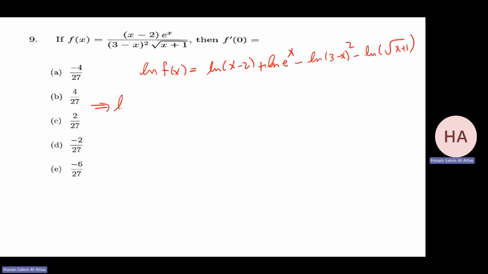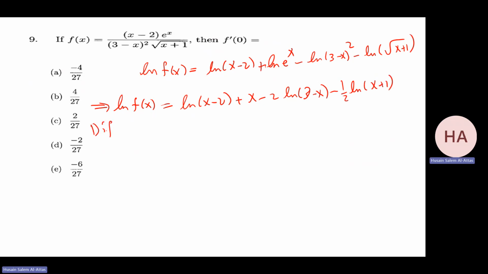That implies ln f of x will be ln x minus 2 plus 2 ln 3 minus x minus half ln x plus 1. Now differentiate with respect to x, and let us see what will happen.